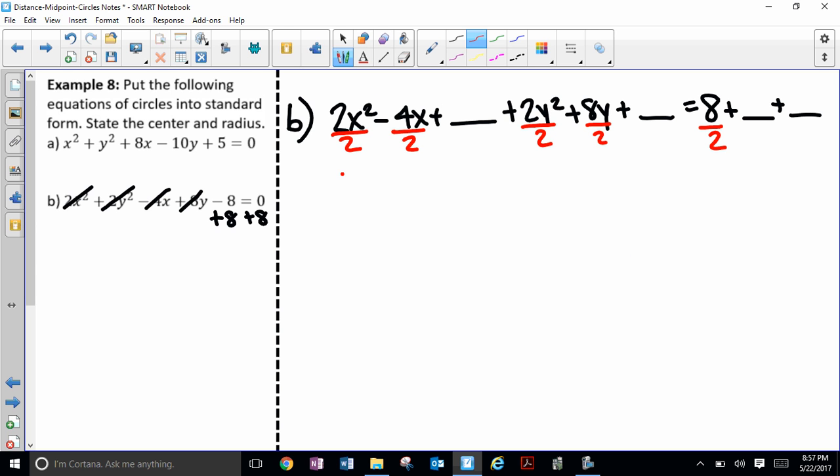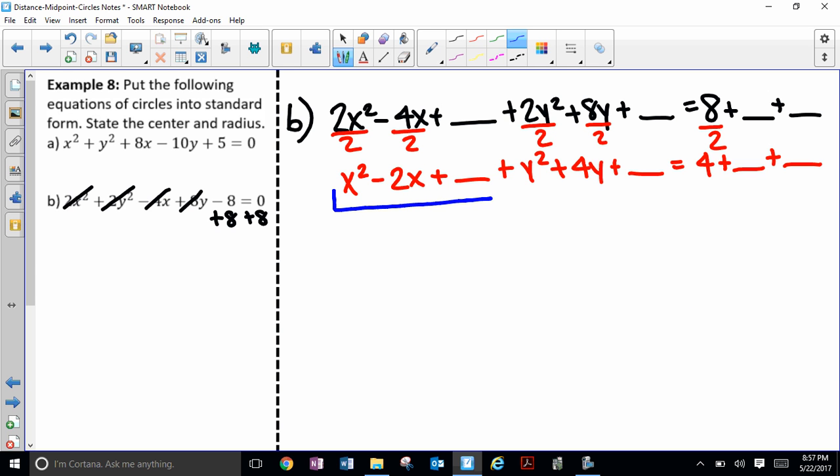So then that would give me x squared minus 2x plus blank plus 1y squared plus 4y plus blank equals 4, and then you have your 2 missing blanks to keep the equation balanced. All right, I suggest you pause now and see if you can do part B, and then start it back up when you're ready.